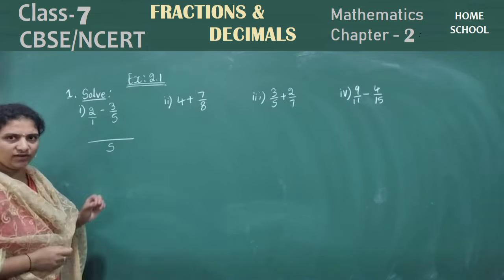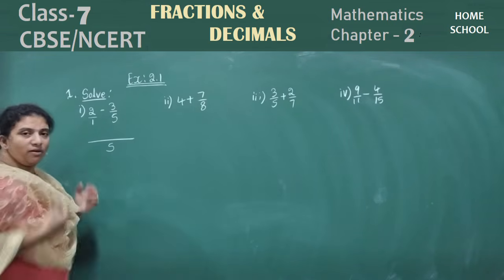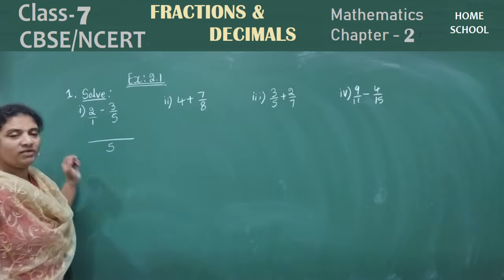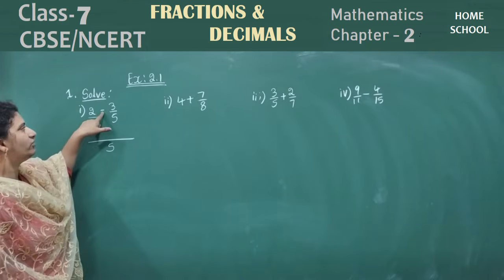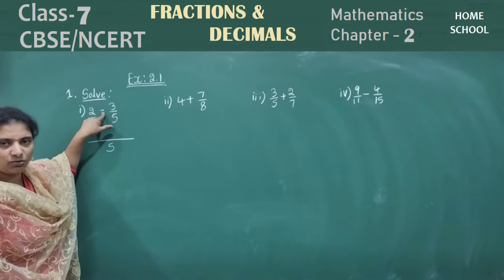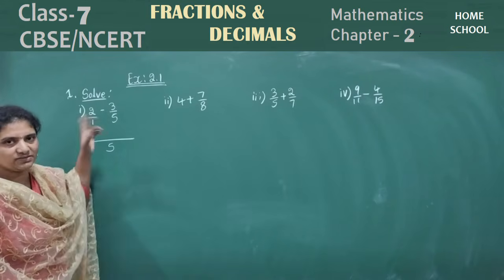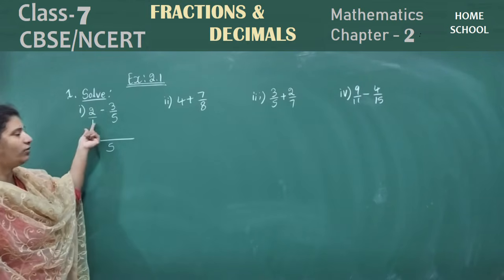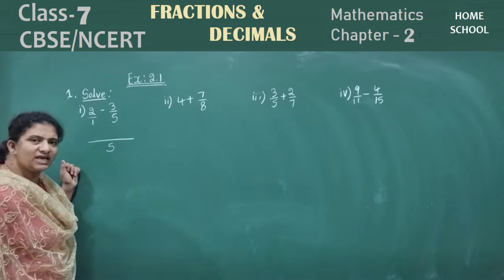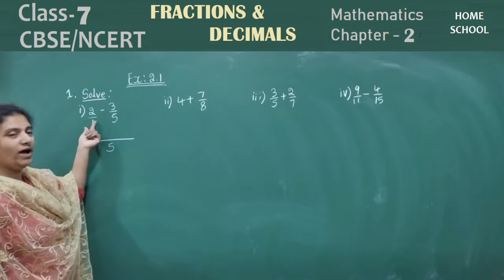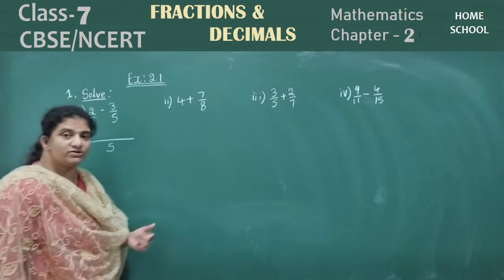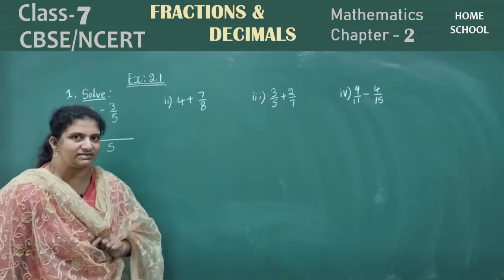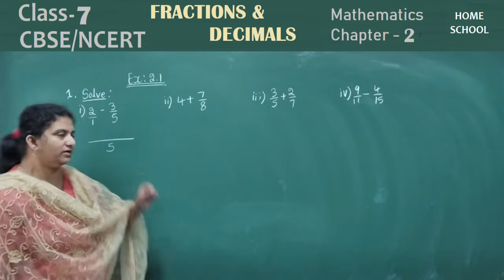So, look here carefully. How to understand the problem? You have to make your denominator common. Then you have to do whatever sign you have here, add or subtract, right? So, now how can you make your denominator the same? Children, I will tell a technique here, try to follow this method.